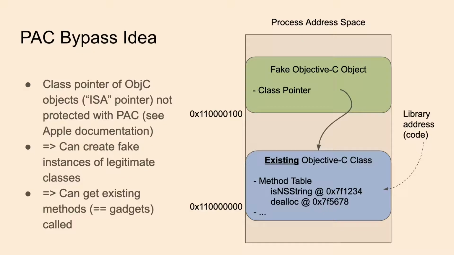One thing that's still possible, and it's even documented in the documentation, is that this class pointer in the object, also called the ISA pointer, is not protected by PAC in any way, which means we can fake instances of legitimate existing classes, right?